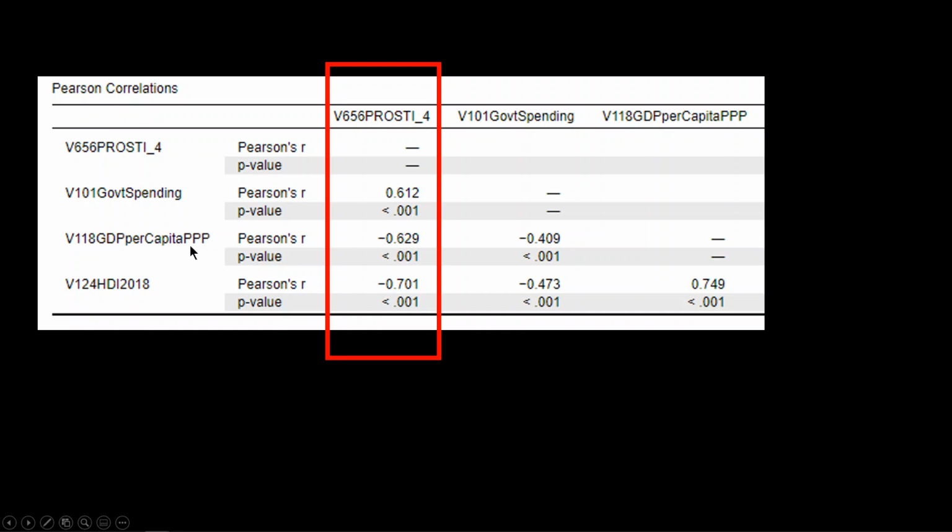I would do the same thing here. As GDP per capita increases for countries, the percent of the population that says prostitution is never justifiable decreases. This is also a strong effect. In parentheses, R equals negative 0.629, close parenthesis. This is also statistically significant.